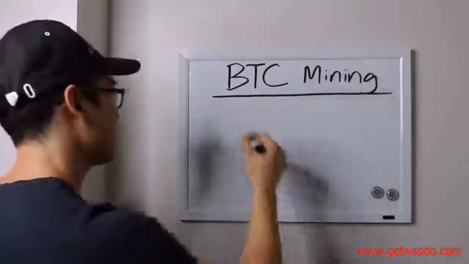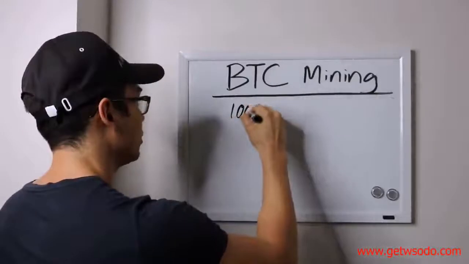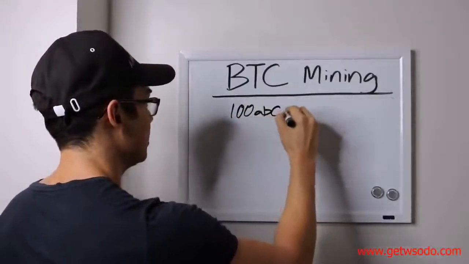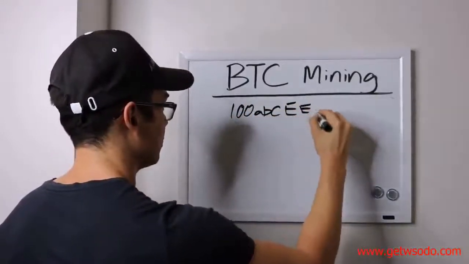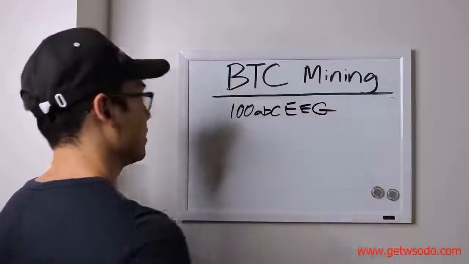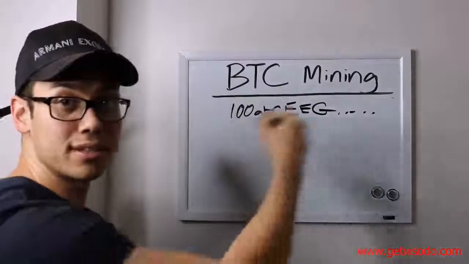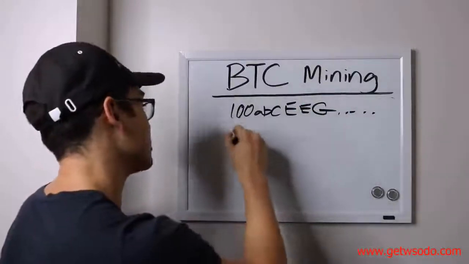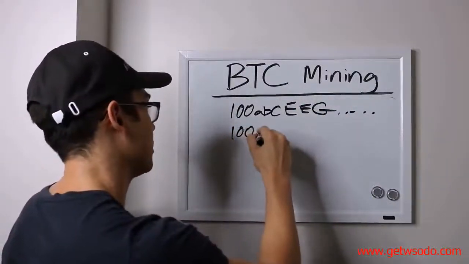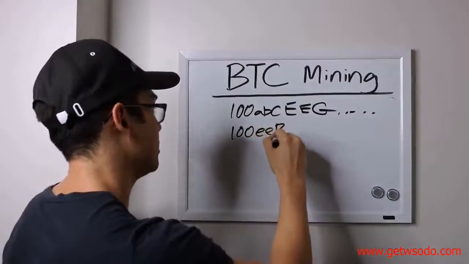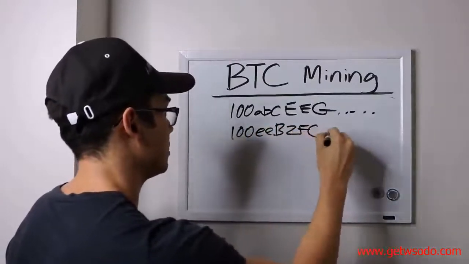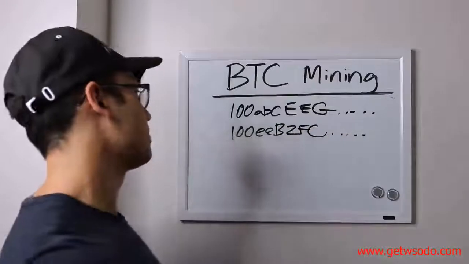Let's say this is a string of code, A, B, C, E, F, E, E, G. Let's pretend this is 64 characters long. That's one hash. That's me sending Bitcoin to you. This is you receiving Bitcoin. It's going to be E, E, B, Z, F, G, C.